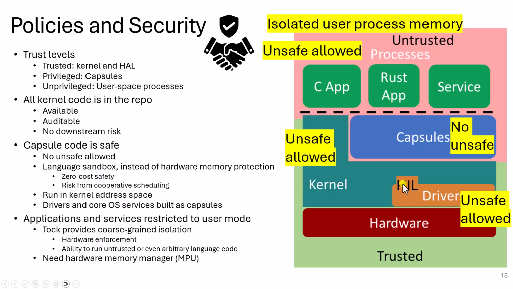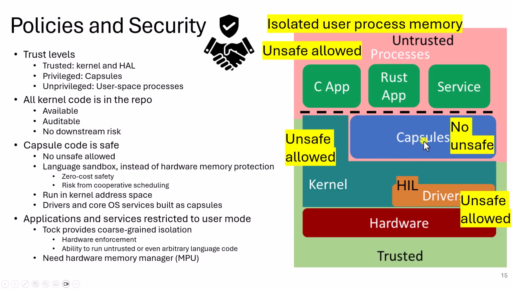So it's assumed that the code is fully trusted, and that's one of the reasons that all of the kernel code is in the Tock repository. So it's available, it's auditable, and there's not this downstream risk of another dependency causing problems in the most trusted region. A step down from trusted is privileged, and that's where the capsules lie.